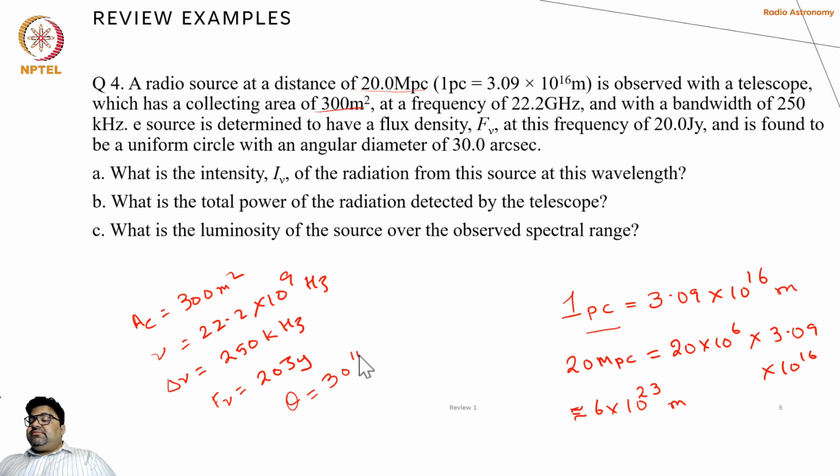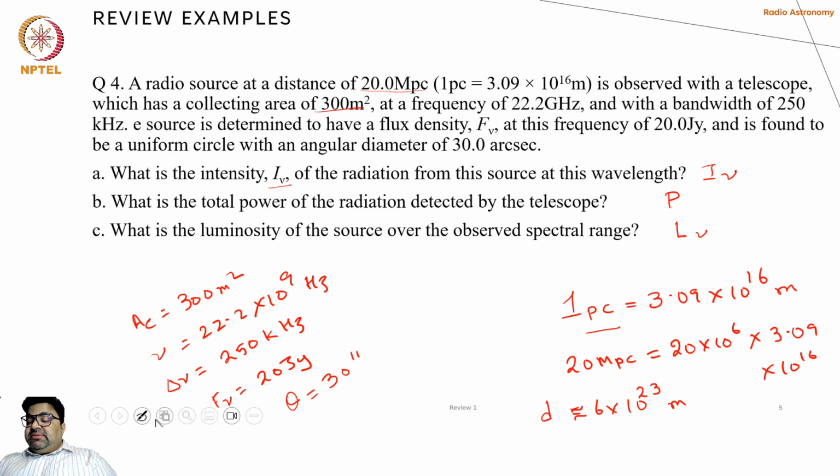Now with that information, the distance is given by 6 times 10 to the power 23 meter. With that information given, we are supposed to figure out the specific intensity I nu, total power of radiation detected by the telescope, and so we need to figure out the P, the I nu, and the luminosity.